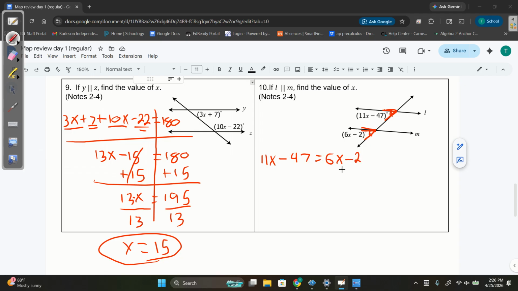and solve it out. In this case, I've got x's on both sides, so I need to move all the x's to a single side first. So I'm going to start out by doing minus 6x to each side. 11 minus 6 is 5. And now at the same time as moving my x, I want to move my numbers to the opposite side.